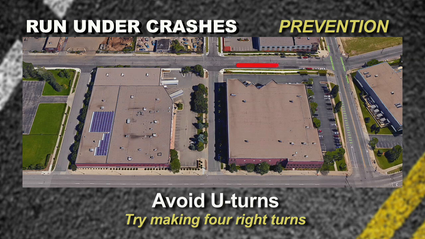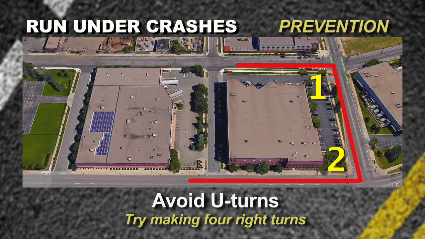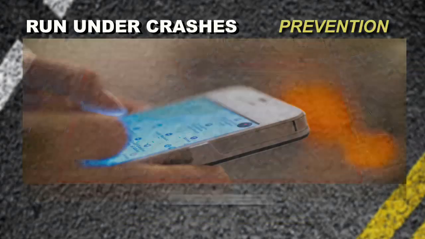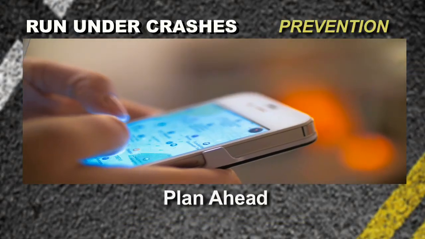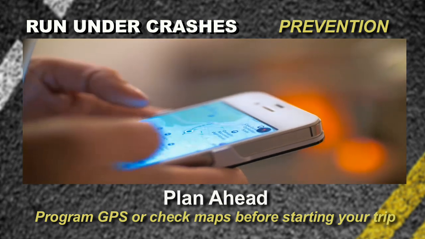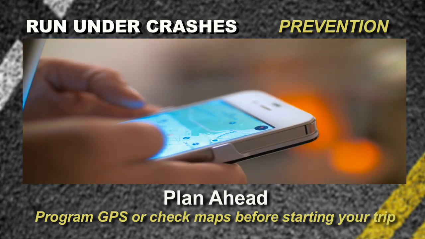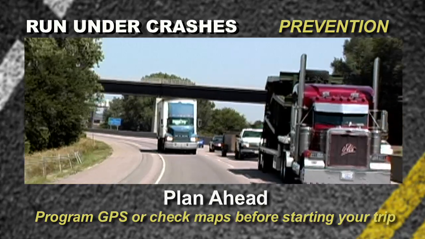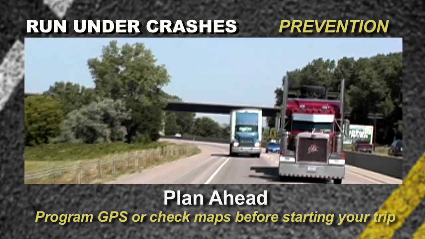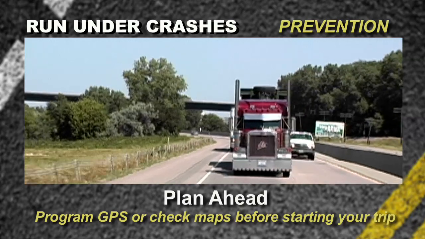First, if you miss a turn, try making 4 right-hand turns instead. This allows you to circle back to where you started to make the correct turn. You'll avoid any U-turns and left-hand turns that could put you at risk. Next, plan your trip well in advance. Program your GPS before leaving to ensure you know exactly which turn or exit to take. Quite often when a driver misses their turn, he or she reacts suddenly and makes a bad decision, like attempting a U-turn or an abrupt lane change.